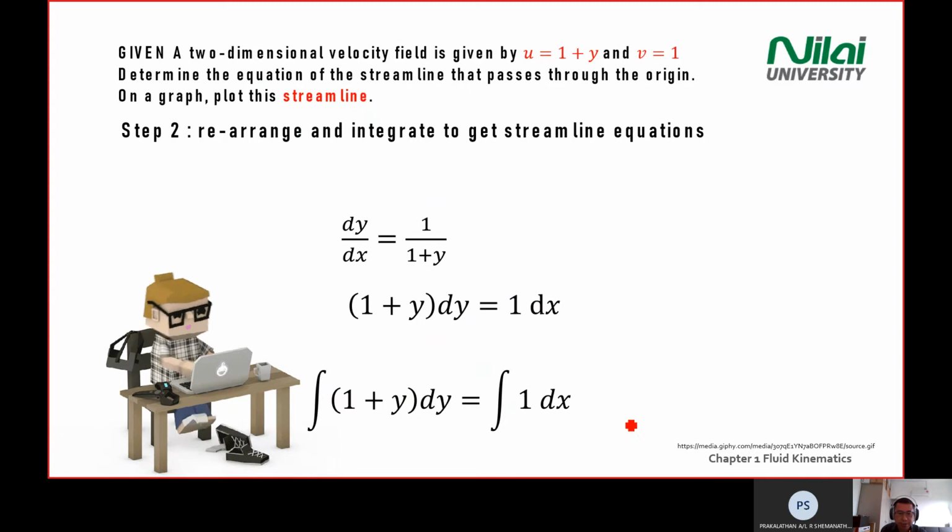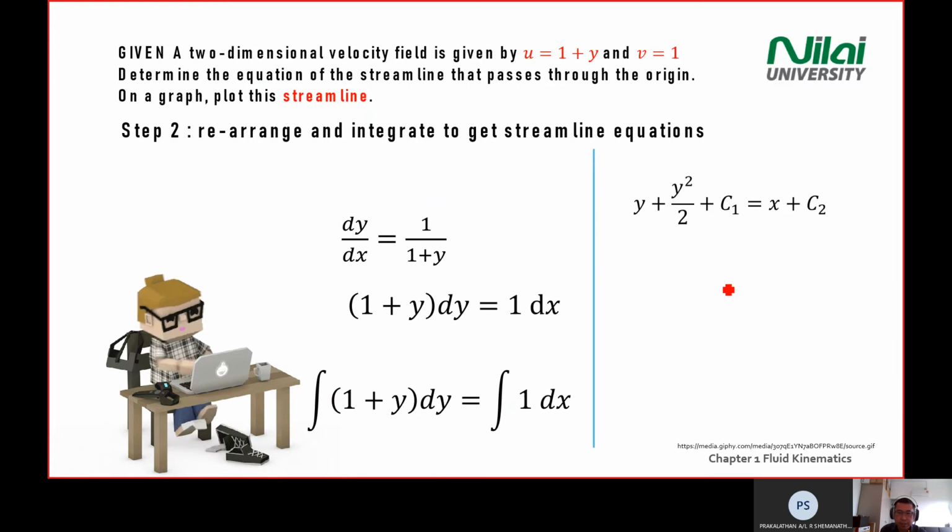You have a constant value at both sides, because each integration gives you one constant value. You don't have a boundary condition here, so that's why you have constant values C1 and C2.